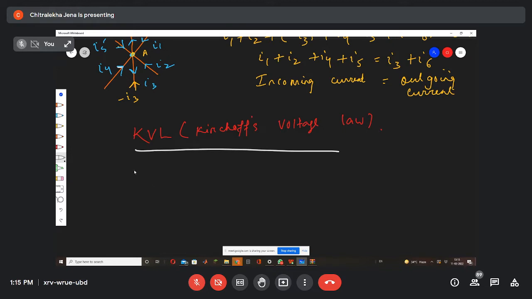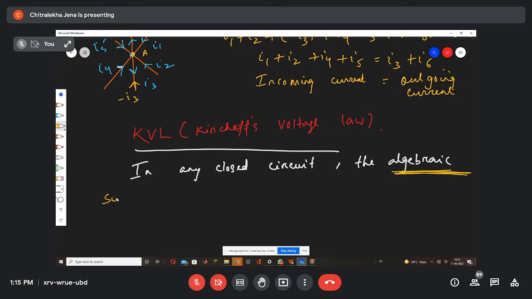Okay, so you have to take into consideration a closed path or a closed circuit. In any closed circuit, the algebraic sum. Here we are discussing DC circuits, that's why we say algebraic sum, but the same law will be applicable otherwise.